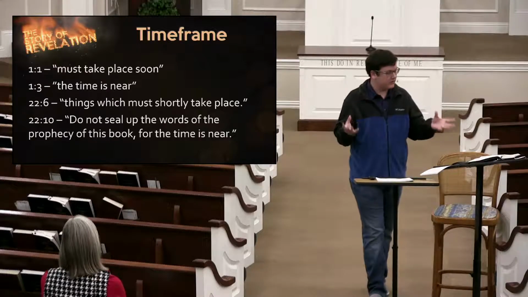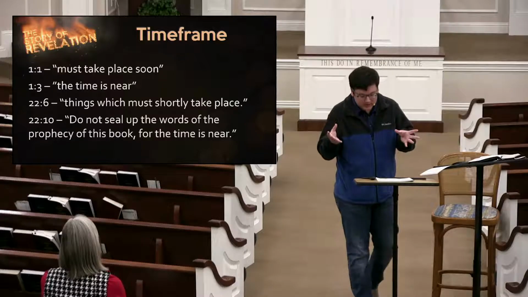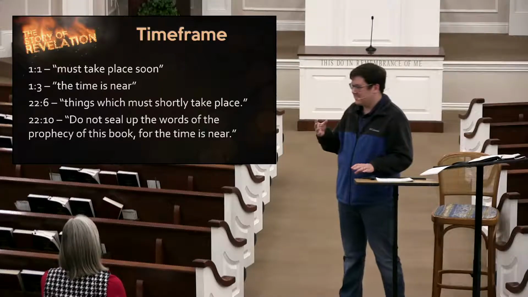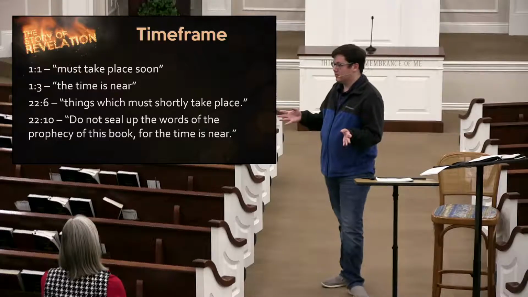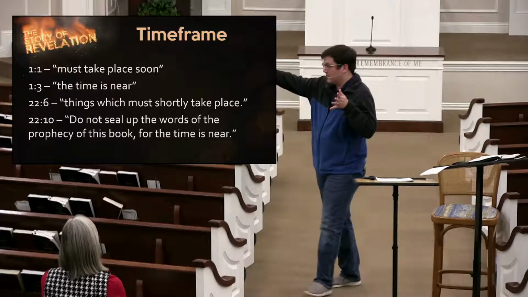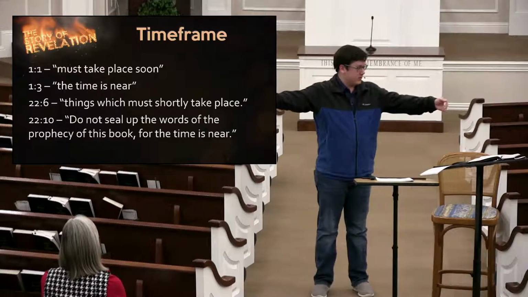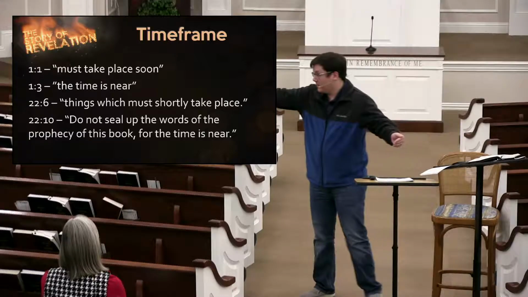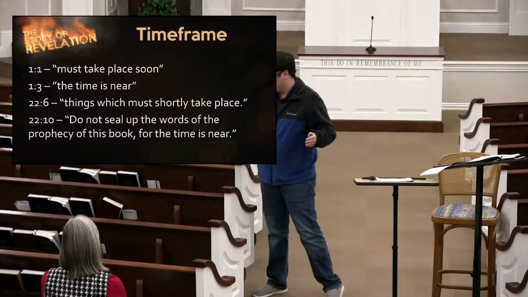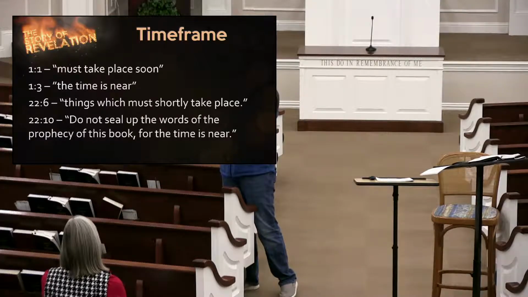The complete fulfillment of the prophecy was finished when the Macedonian Empire split in 168 BC. So we're looking here at about 400 years from everything in this prophecy being completed. 400 years, roughly, is a long time and is not soon, and for that reason, seal those words up.